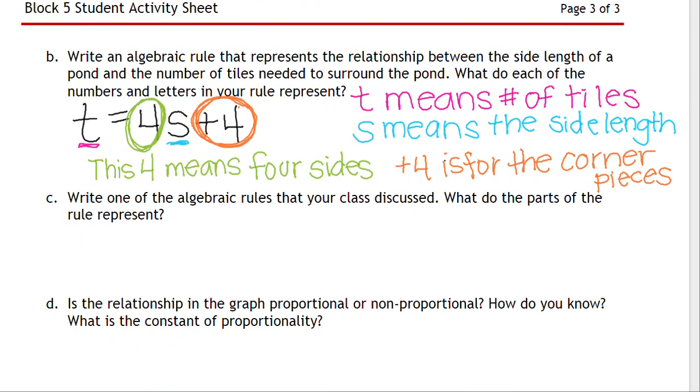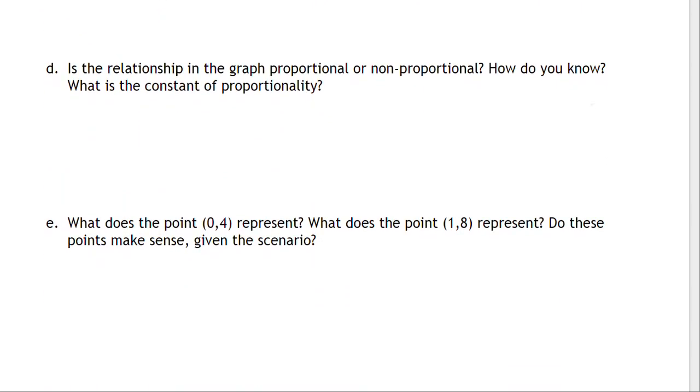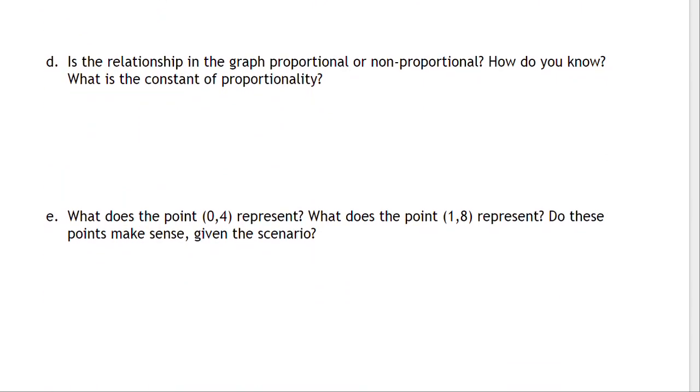We're going to skip C because this asks us to do the same process for another algebraic rule, which we could, but this lesson is already long enough, so I'm skipping C. The next question wants to know, is the relationship in the graph proportional or non-proportional?